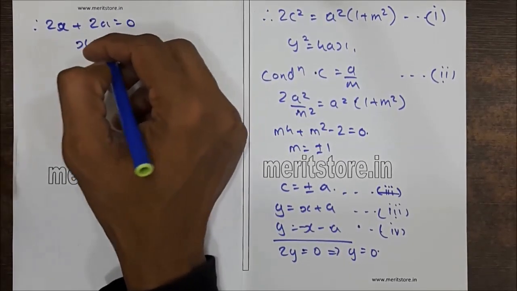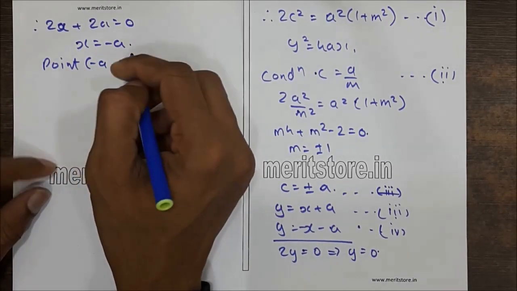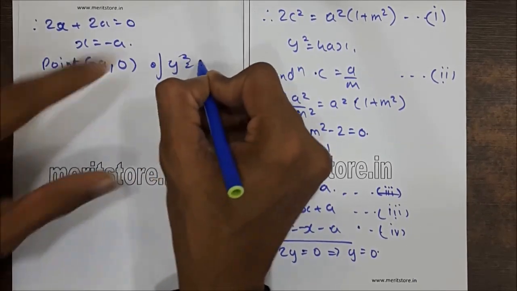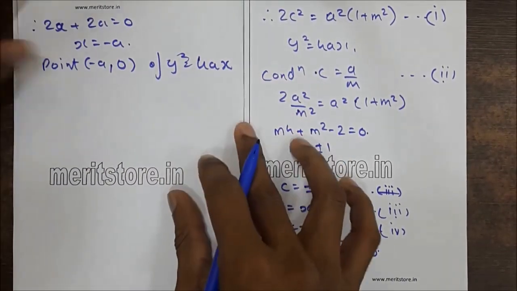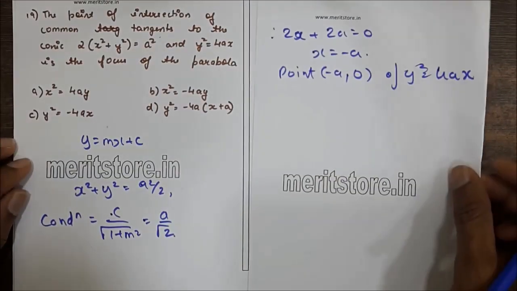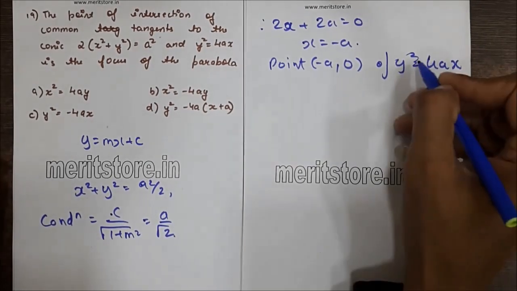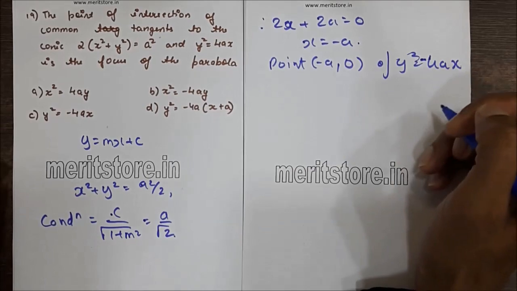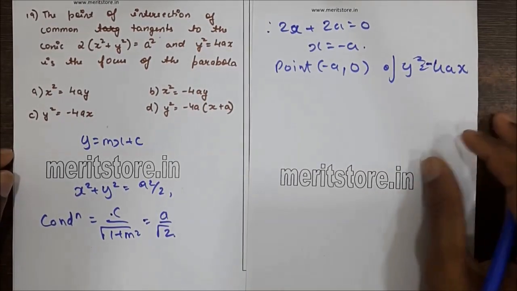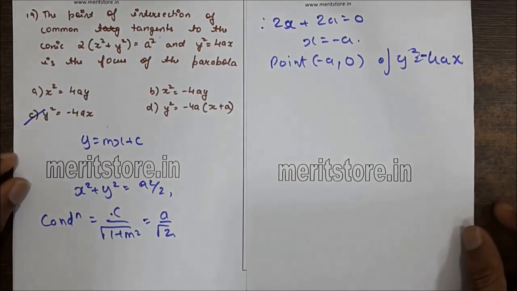So the point (minus a, 0) is the focus of y square equal to 4ax. If we see, this is y square equal to minus 4ax, that is, we substitute the value of minus a, so we get y square is equal to minus 4ax, which is our option C. Therefore option C is the correct answer.